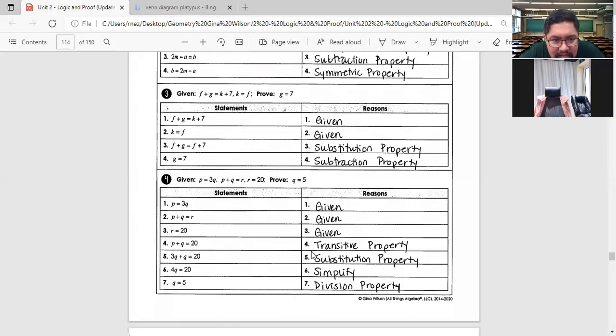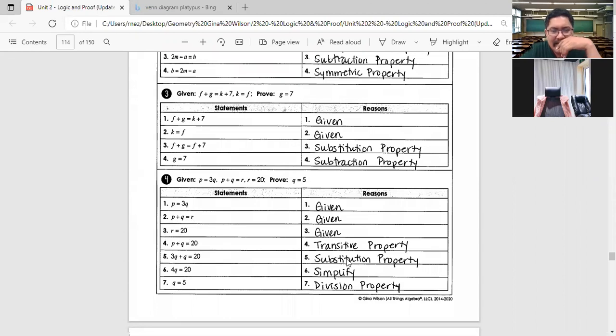And it looks like they used the transitive property, is what they're saying they used. That one's a bit of a confusing one because I would have imagined that would be substitution because they take out R, right? That's the R, take it out, put in 20. And then they would use substitution again.